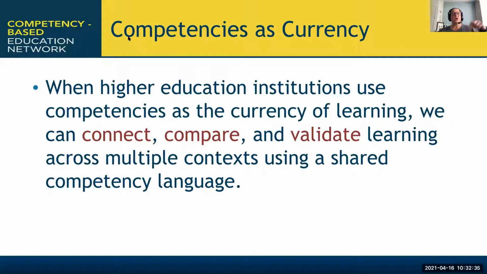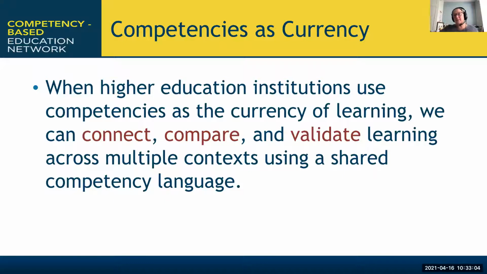When we talk to one another, broadly speaking, across work, across the military, across community organizations, across higher ed, in the language of competency, it allows us to really connect, compare, and validate what people know and can do. So right now, the only way we can give credit for what somebody knows is if they sat in one of our classes and earned a grade.